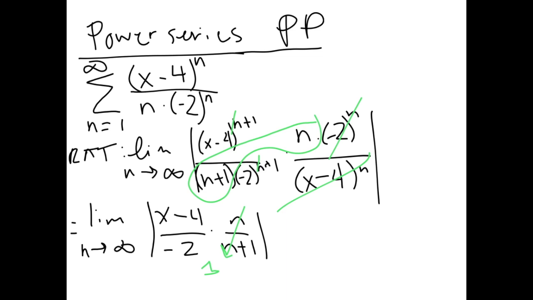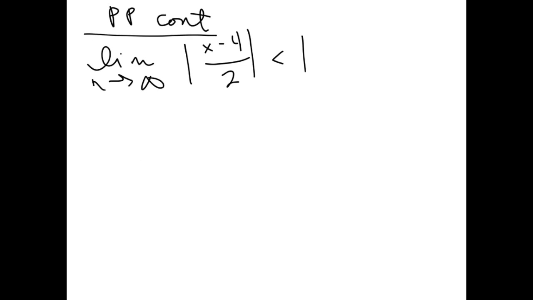So let me go to another page because I don't have space. All right, so this is where we left off. I now have the absolute value of x minus 4 is less than 2 because I multiplied both sides by 2. Because there are no n's left, I know that this is what I am equal to, so I actually don't need that. I should have just used an equal sign.